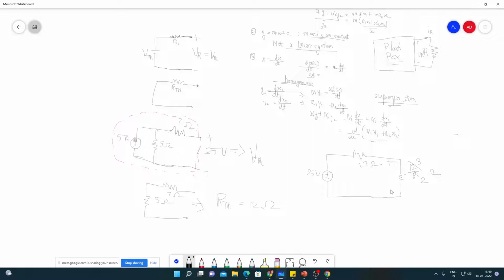So this voltage plus minus VR will be 25 into, it's a simple voltage divider, so it's 3 by 2 divided by 12 plus 3 by 2, this much volts.